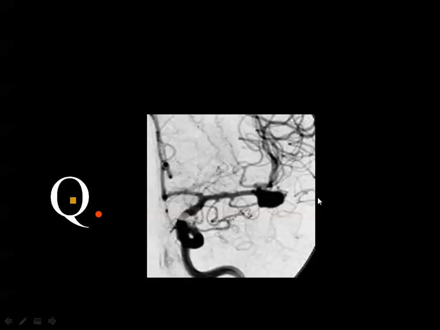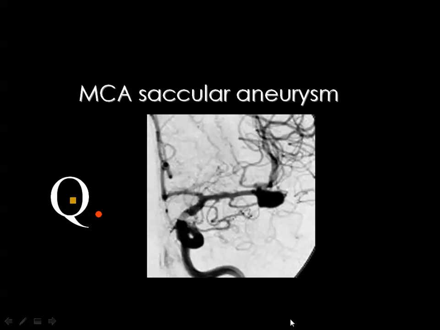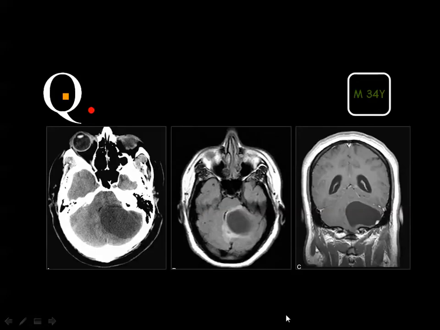And this is saccular aneurysm of which branch? Yes, of the middle cerebral artery. You may say that this is M1 segment and starting M2 segment at the junction between both, but you have to say that this is a saccular aneurysm of the middle cerebral artery.